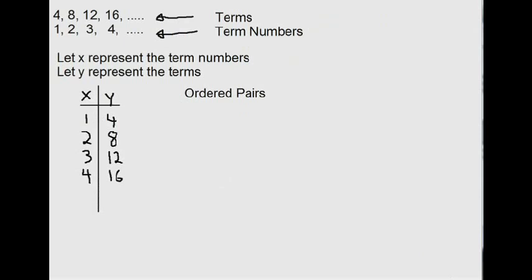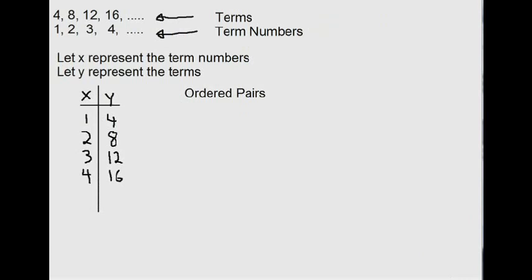So we're going to take a look at another example here, and again this is something we've seen a few times already, where we've got a number pattern where our terms are 4, 8, 12, and 16, and we have our term numbers, the first, second, third, and fourth term. So as usual, we let x represent the term numbers and y represent the terms, and we create our table of values. Well, now from that table of values, we're going to write those values as ordered pairs.